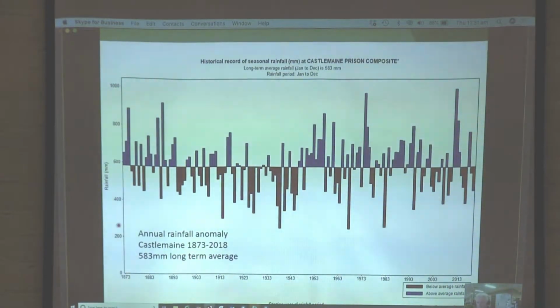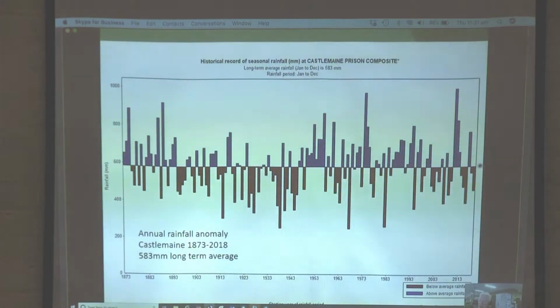Yeah, well, it's a good question because it does vary quite a bit around the state. Even if you go over the hill, you can get a slightly different record. What's similar for most places across Victoria is you can see there was a drier period, a run of dry years with the Federation drought and World War I and World War II, and up until the 50s it was certainly a dry decade, and then there was a wetter period in the 50s through to the 70s.